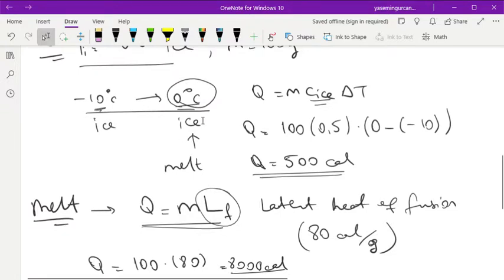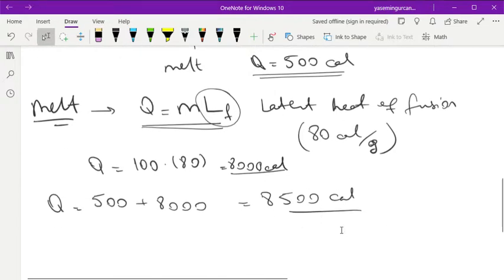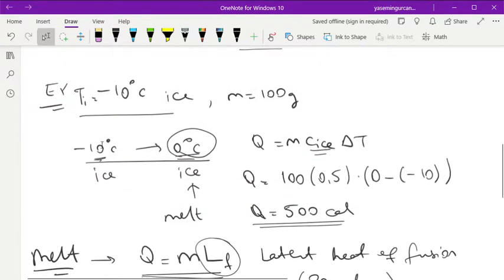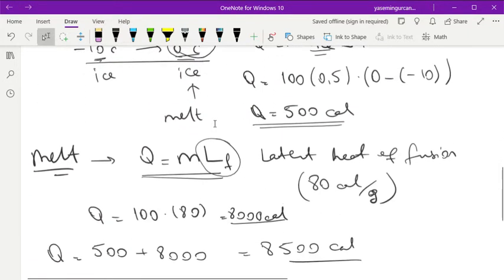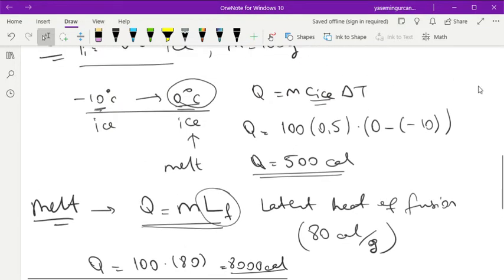Then you can increase its temperature to whatever the final temperature. Now it's water, completely melted at 0° Celsius.